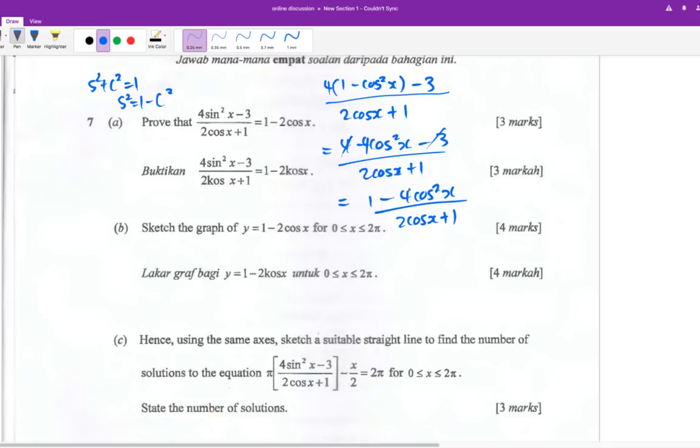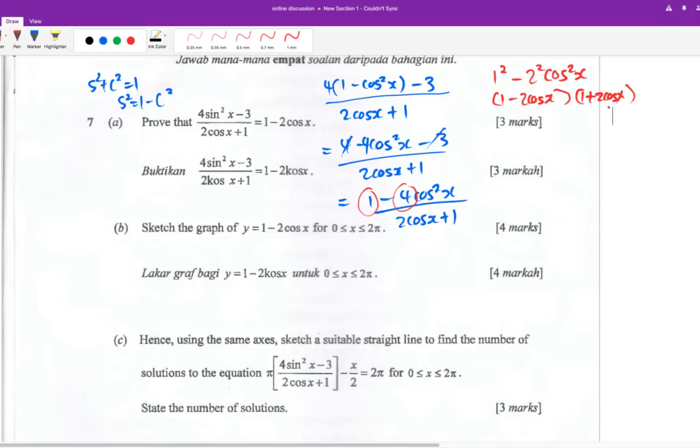And you realize this is a perfect square number and this is a perfect square number also. So that means I can change this one to 1 squared minus 2 squared cos squared x. Because everything is in terms of squares and the middle is a minus, we know we can factorize it, right? It becomes 1 minus 2 cos x and 1 plus 2 cos x.